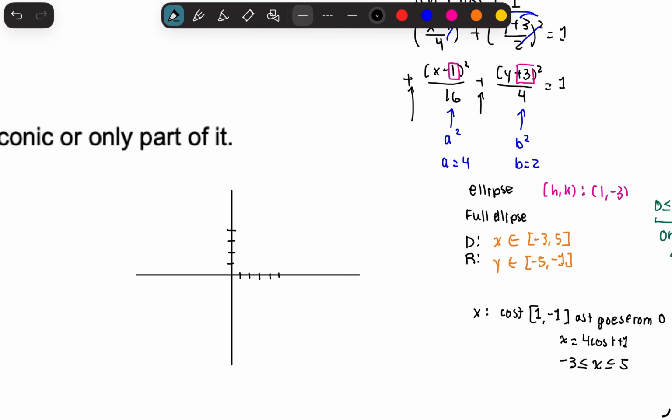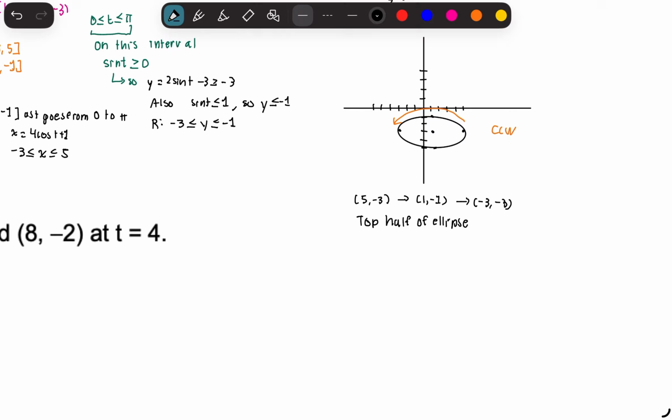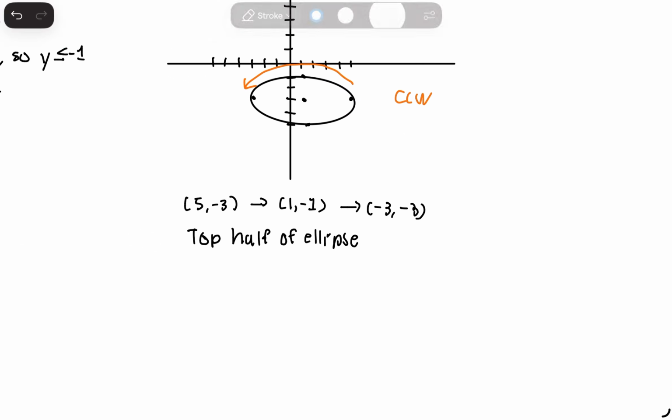So that means it's going to be counterclockwise motion. So our answer is going to be the top half of the ellipse. It's not going to be the full conic. So we can actually cut off everything here. It's right to left.